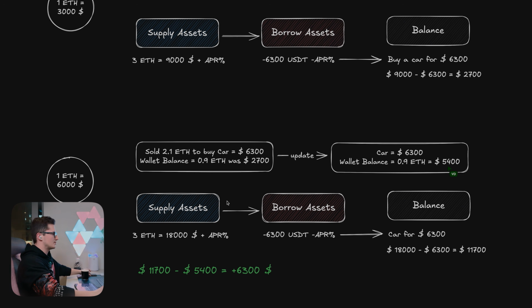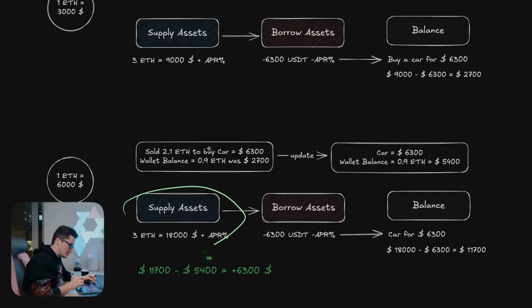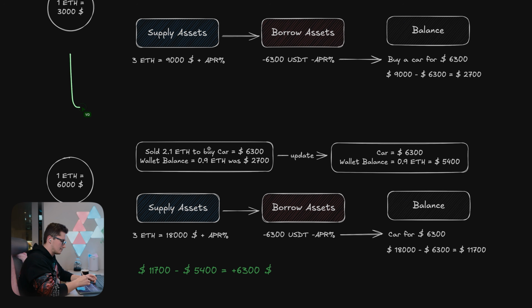Then, if we go to the lending protocol, let's compare the situation. With the lending protocol, our supplied assets are the same 3 ETH, but the value is different. It's $18,000 because the price of ETH is 6,000. It's 2x from our previous situation. Our borrowed assets are the same: we owe the lending protocol 6,300 USDT, minus some APR because we are paying for our loan.